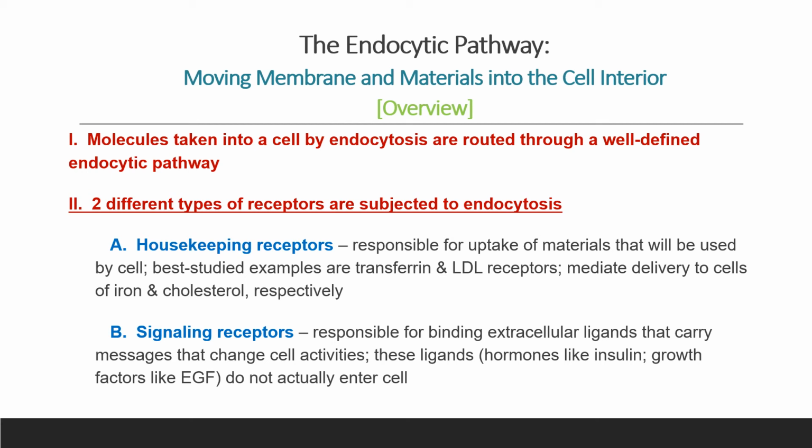They mediate the delivery to cells of iron and cholesterol respectively. Next are the signaling receptors, which are responsible for binding extracellular ligands that carry messages that change cell activities. These ligands do not actually enter the cell, like hormones such as insulin, and growth factors such as EGF.